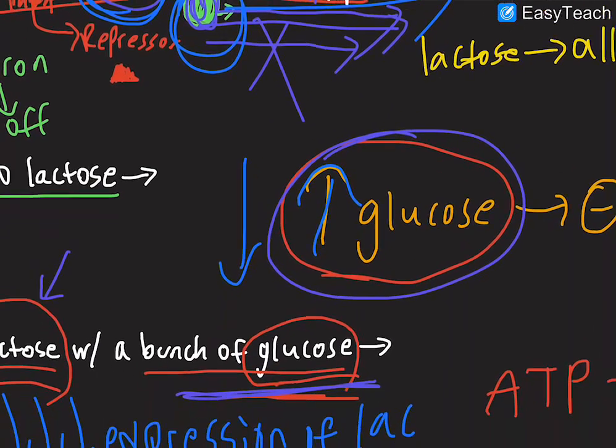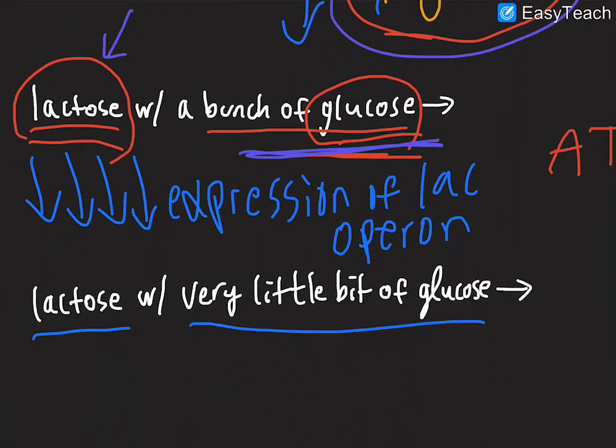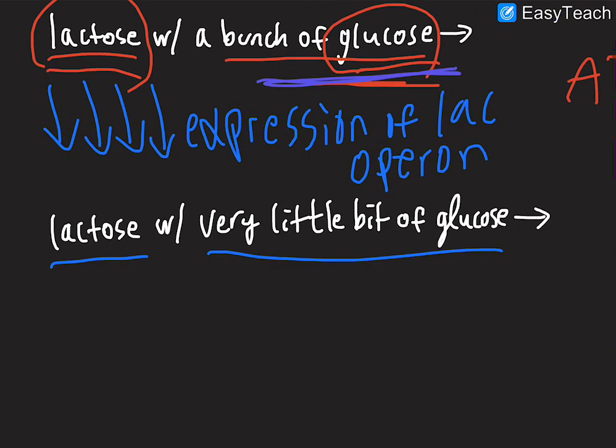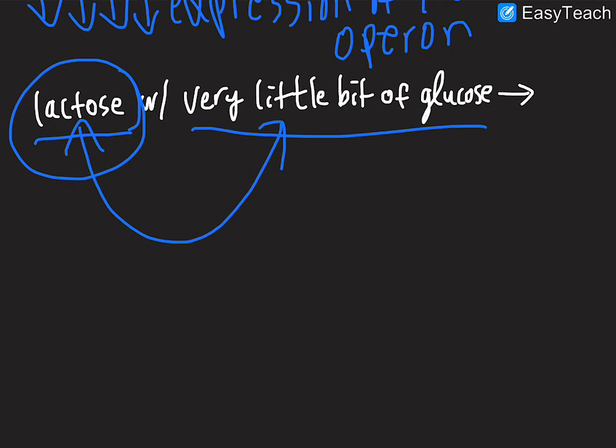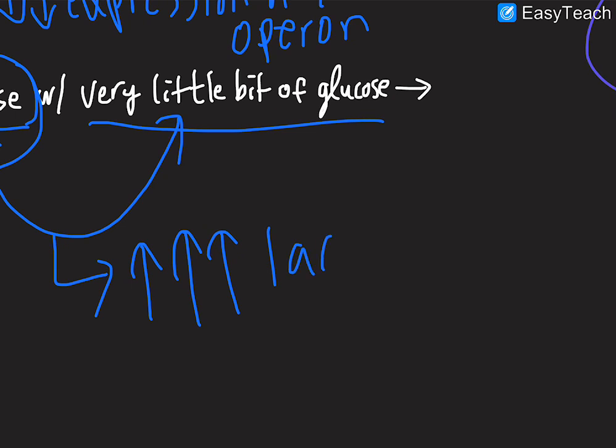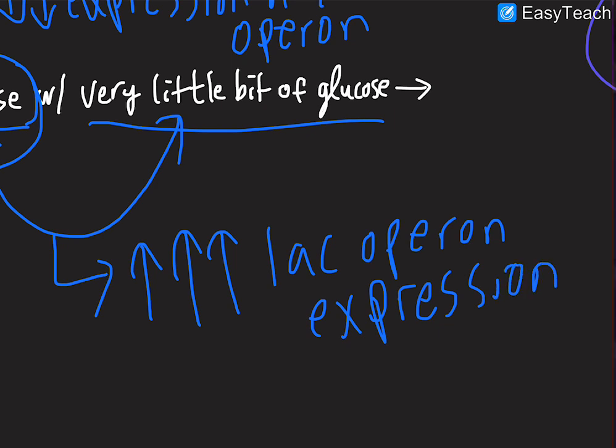So that means low glucose, right, turns on the Lac operon very heavily. And we already know lactose turns it on heavily too. So if we have two things that are trying to stimulate the Lac operon and turn it on, that means we're going to have a very increased amount of Lac operon expression, right? So Lac operon will be heavily turned on in this scenario, all right?